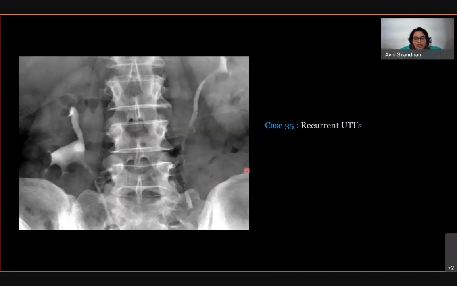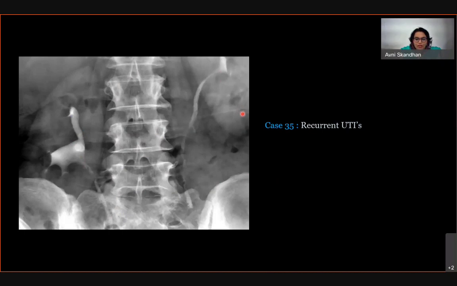Now, this patient has been having recurrent UTIs. It's a zoomed in image. So if it's been zoomed in, it's been zoomed in for a reason. It's something very subtle. It's not an ectopic kidney. It's been zoomed in a lot, so it's looking like that.